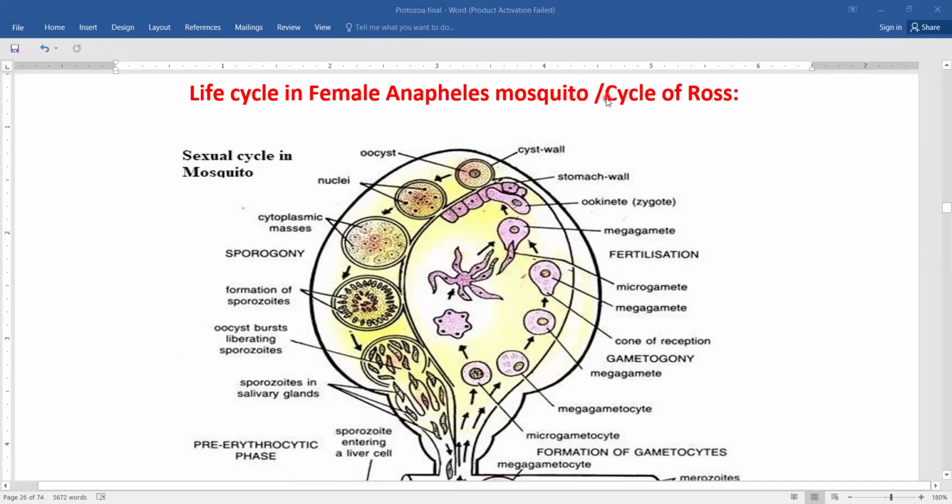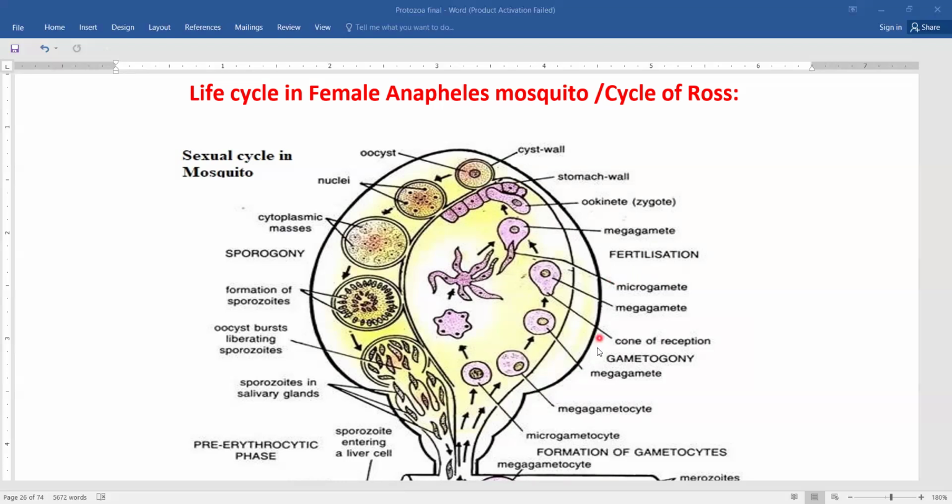So you can also call it the cycle of Ross or Ross cycle. You can also call it sexual reproduction. As this sexual reproduction occurs in the mosquito, the mosquito is considered the main host or primary host.